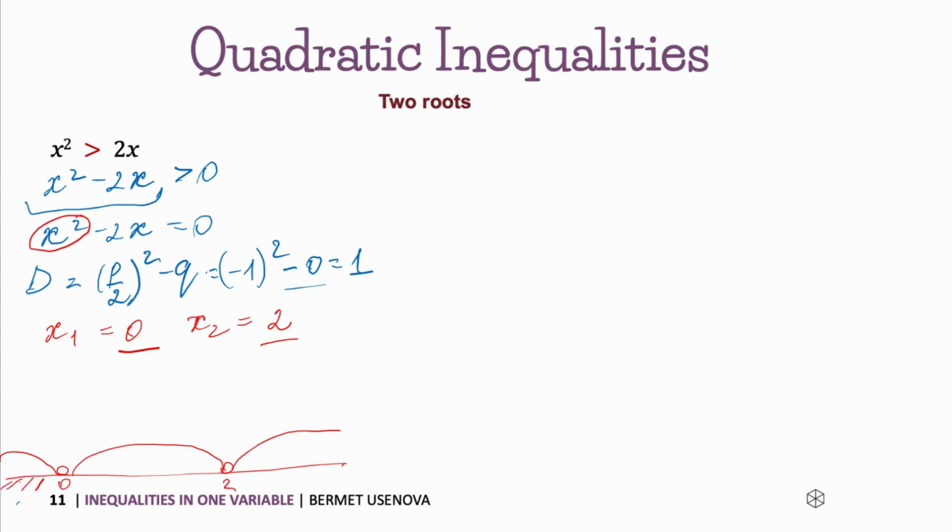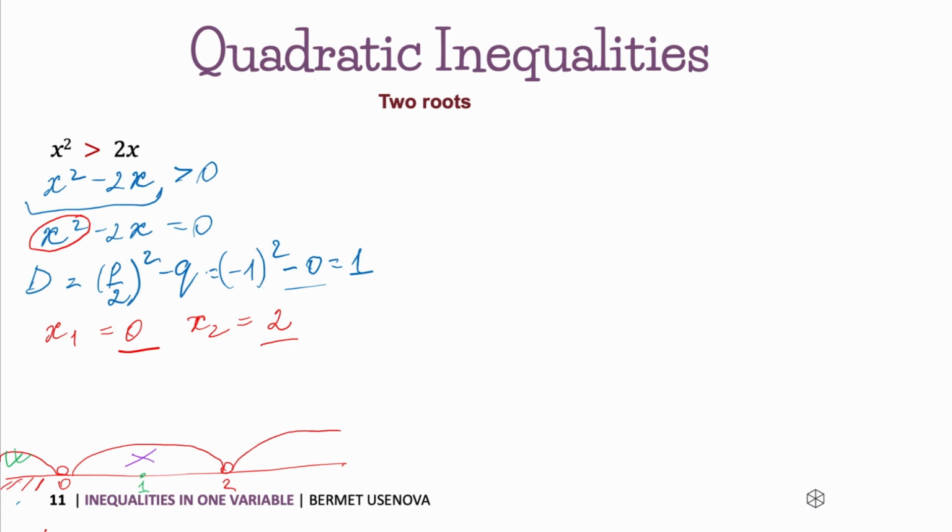Any numbers smaller than 0 fulfill our inequality, because if we put in any negative number, we will always get something bigger than 0. Great. Then we can take a number somewhere in between, which is 1, and have a look at our inequality. We can see that the inequality cannot be fulfilled in this interval.